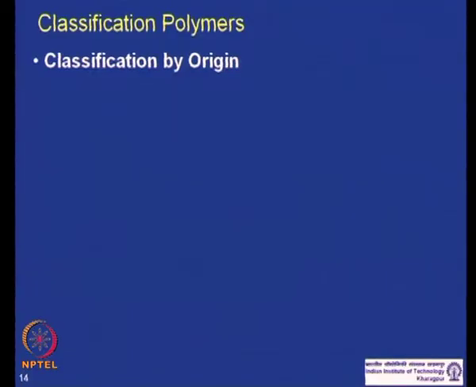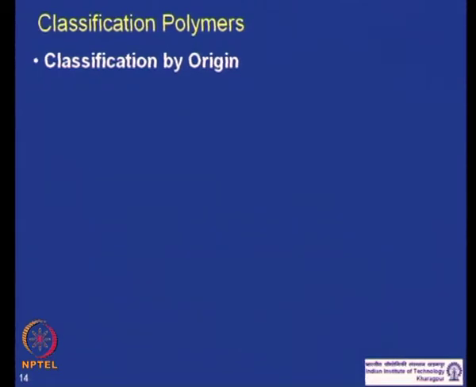Now, I do not expect students to remember how many ways a polymer can be classified, but students should be aware of the terminology which is used in these various classifications, so that when they come across these terms, they should be able to relate the meaning of the term. Let us start with the classifications.